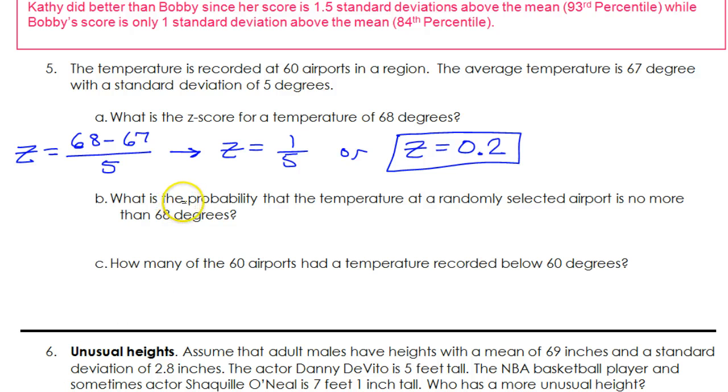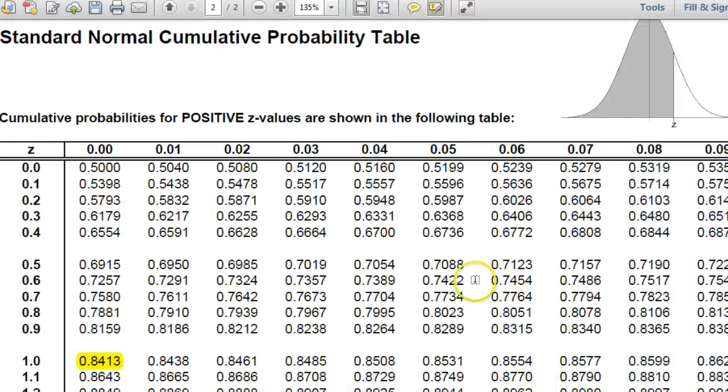What is the probability that the temperature at a randomly selected airport is no more than 68 degrees? Okay, so that means 68 degrees or less. So we'll be able to read this number right off the table of values. So let's find 0.2 on the z-score chart. Well, there it is right there.